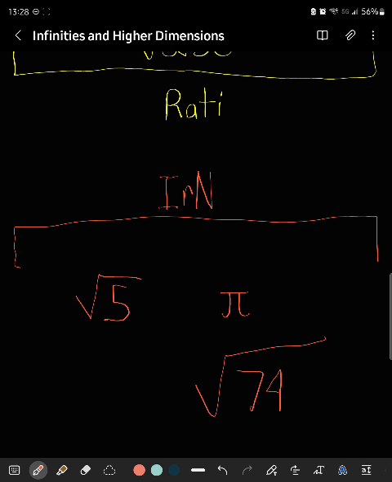So real numbers include rational numbers and irrational numbers. So real numbers can be expressed by even an infinitely going on decimal, like pi, or the square root of 5. And it can also be positive, whole, any of that.